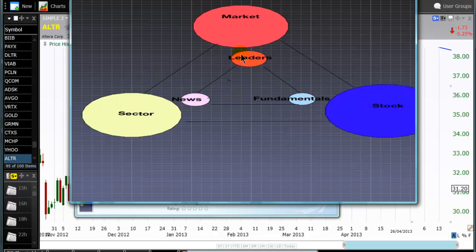On top of everything else is the market. You have to understand, in the first part of the video and in the second part, we were looking at financial instruments. We looked at the USD/JPY, the EUR/GBP, and Altera stock. These are individual financial instruments. We are here, in the blue section.